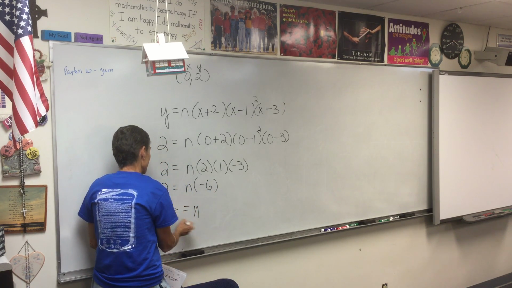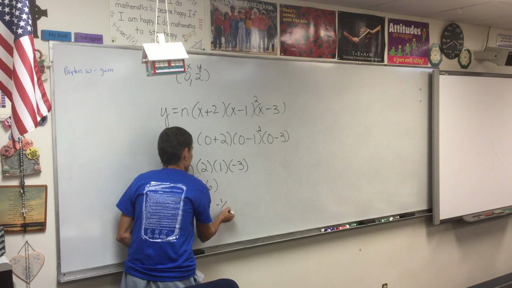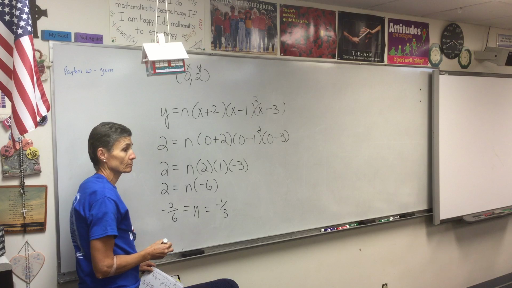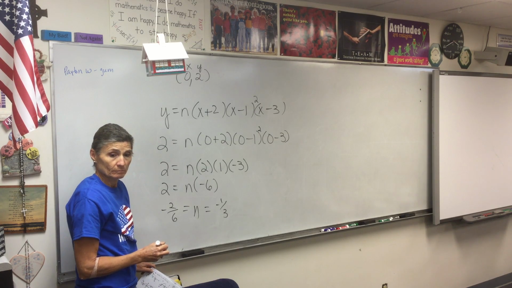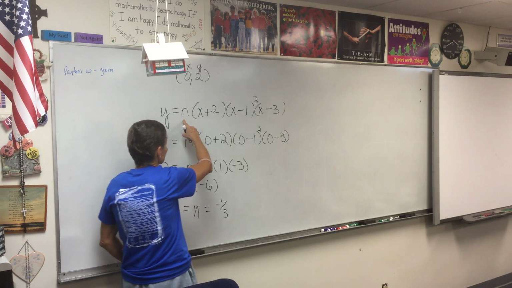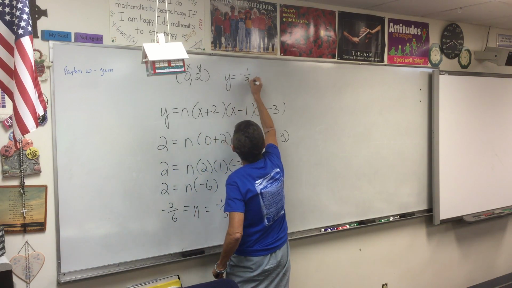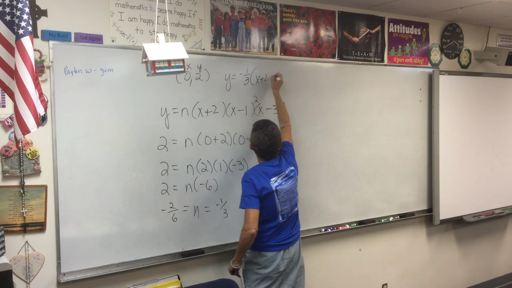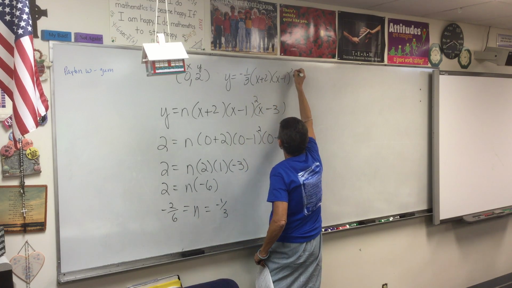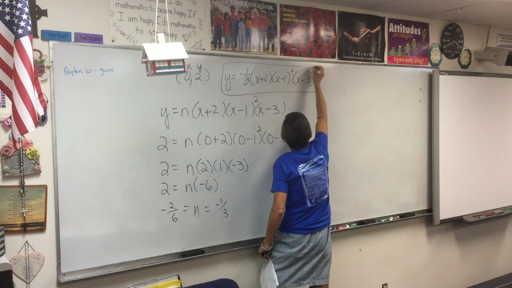So n equals negative 2 over 6, which is the same as negative 1/3. That's your n. So now you can write your answer. y equals negative 1/3, x plus 2, x minus 1 squared, x minus 3. That's your answer.